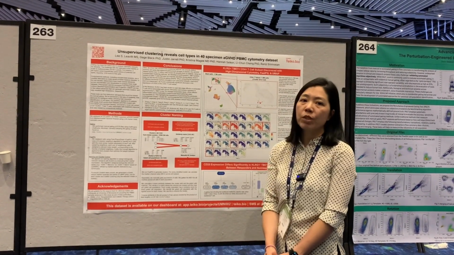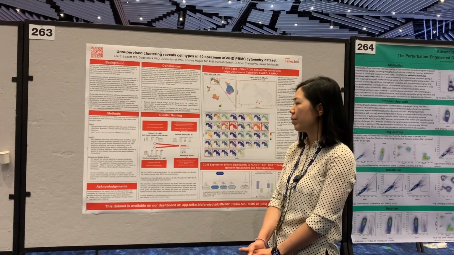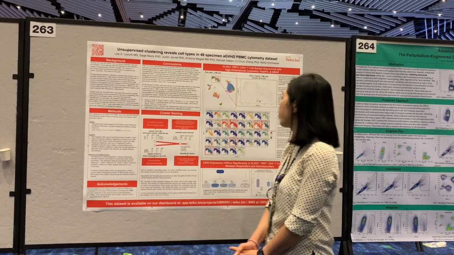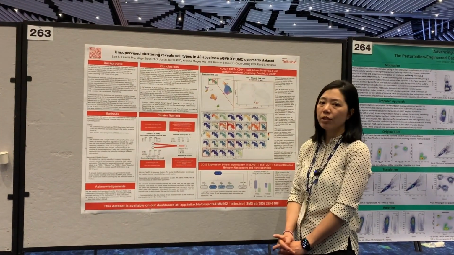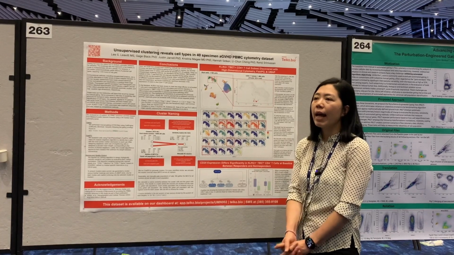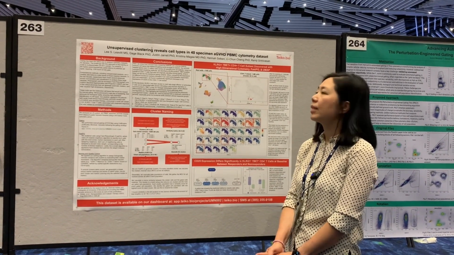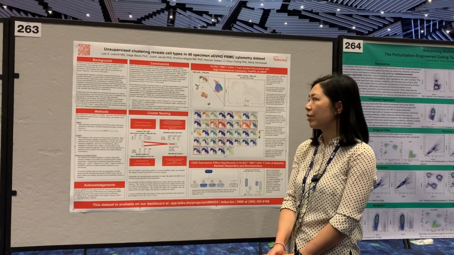I'm going to go into more detail on this cluster naming tool in a bit. After that, we also manually QC the clusters by looking at the heat map and identifying protein markers that were distinctively expressed in each cluster.